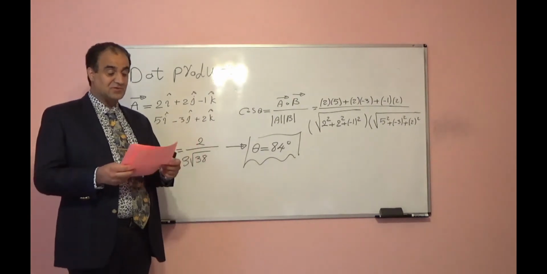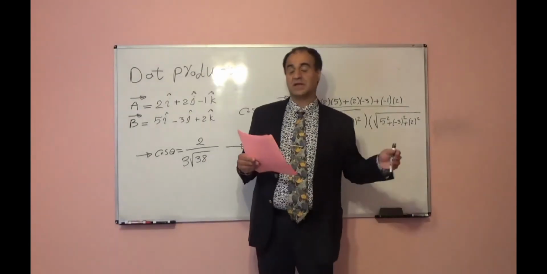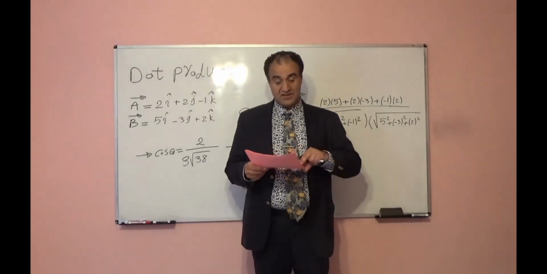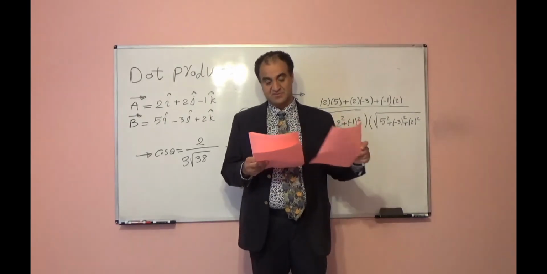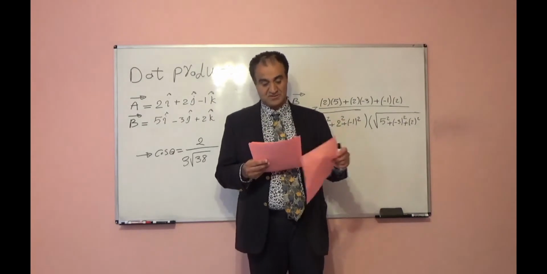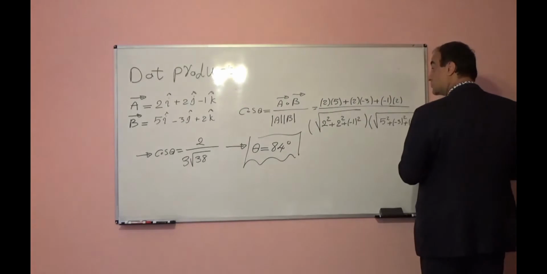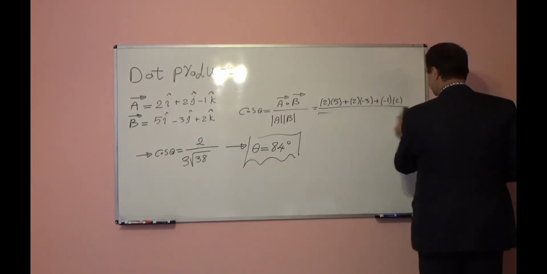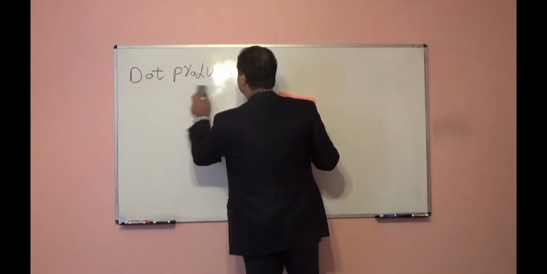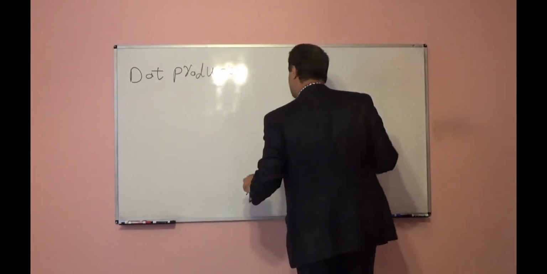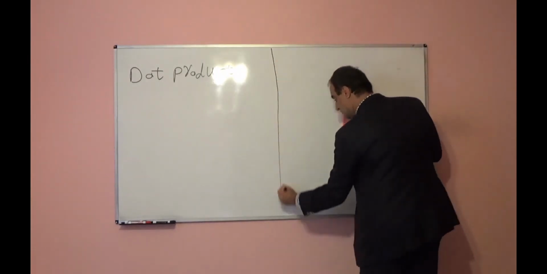Now let's look at the other type of multiplying vector A by vector B. We call it the cross product, to see what the difference is between dot product and cross product. That is a simple concept too. Let's now focus on the cross product. In order to compare, I can divide this screen into two parts.